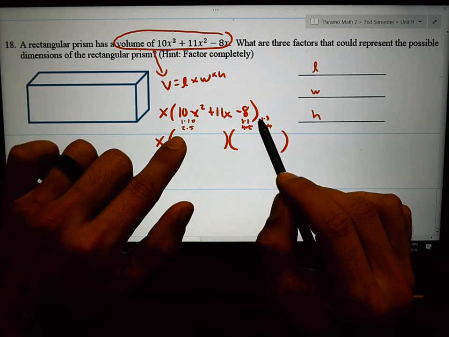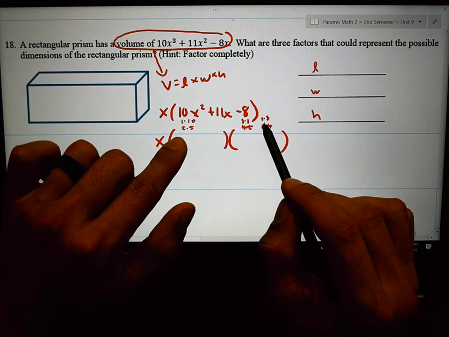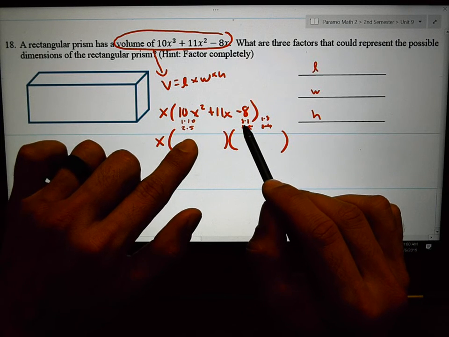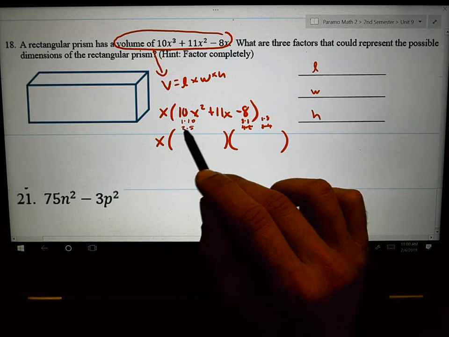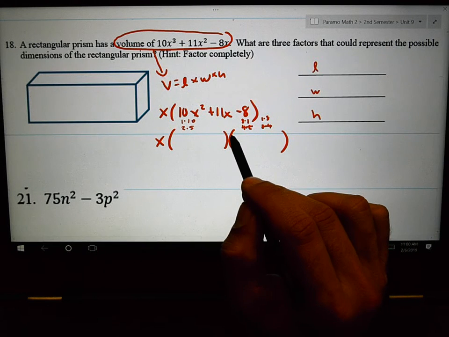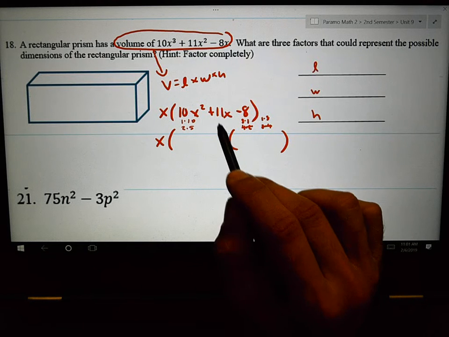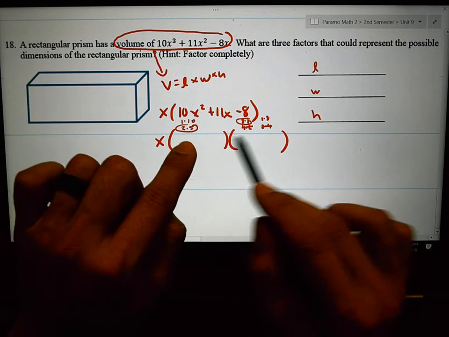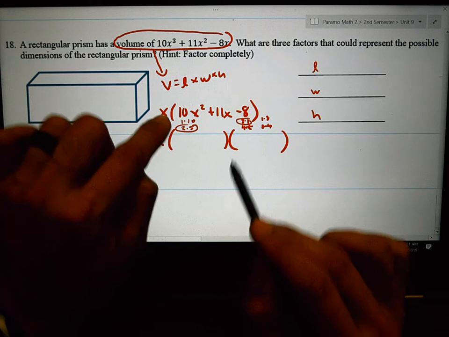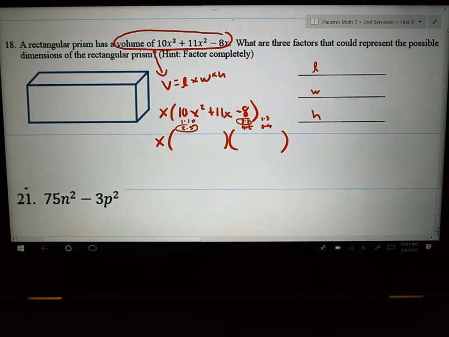Nope, that doesn't make 11. 16 and 5. Ooh, that might work. 16 minus 5 is 11. I think that's the one that I want. By the way, if I went through all of them and this didn't work, I'd use the 1 and the 10 and then go through all 4 of those as well.